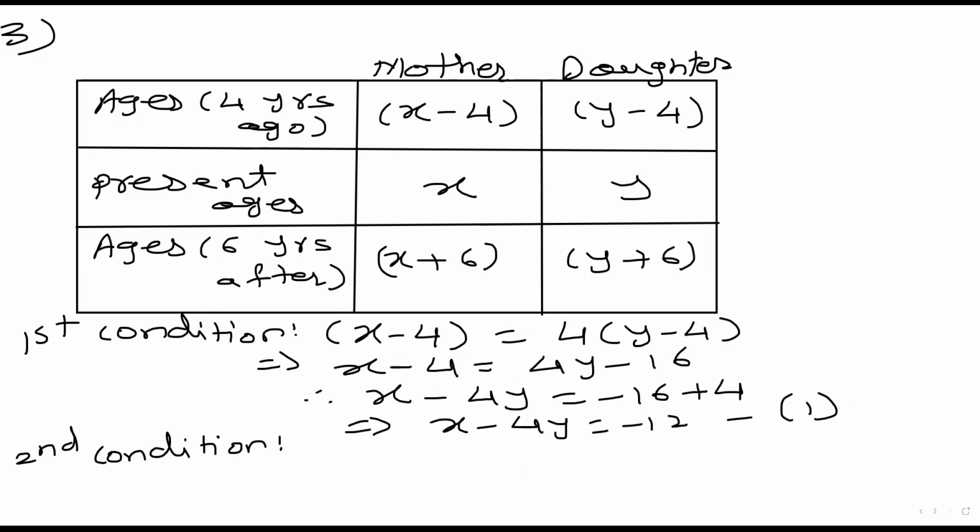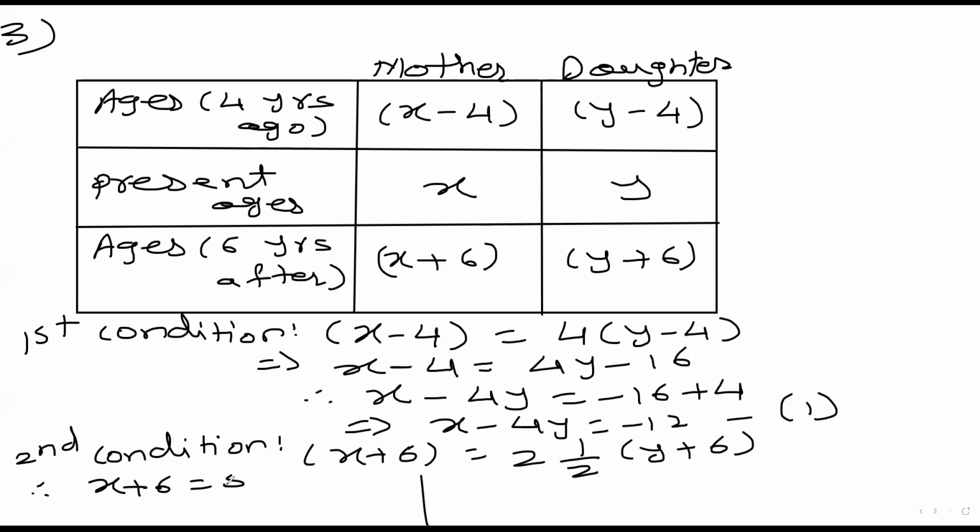Okay. Second condition is 6 years later, the mother will be 2.5 times as old as her daughter. So x plus 6 will be 2.5 times, meaning 2 integer 1 upon 2, so it is nothing but 5 upon 2, times y plus 6. So we'll say here x plus 6 is equal to 5 upon 2 times y plus 6. If you cross multiply, you get 2 into bracket x plus 6 is equal to 5 into bracket y plus 6.